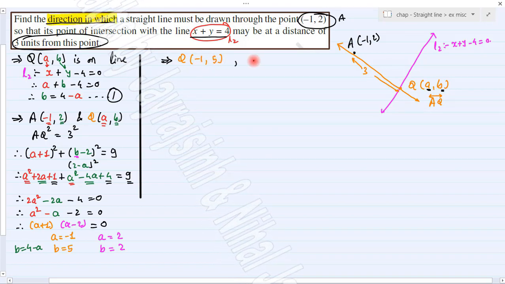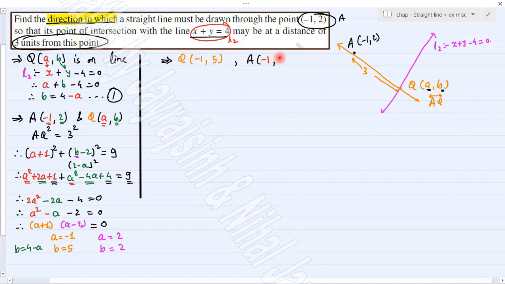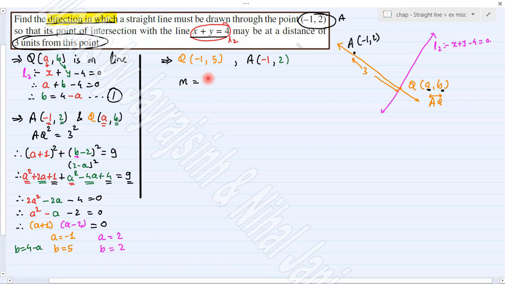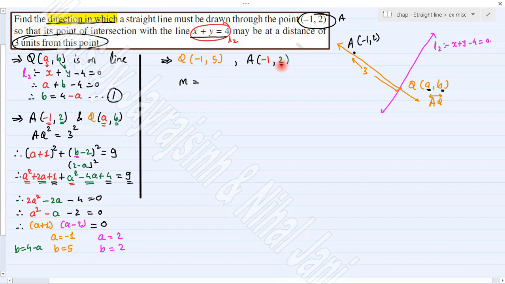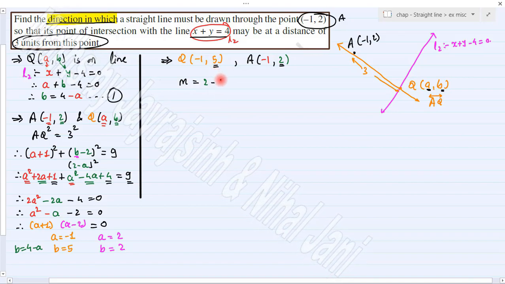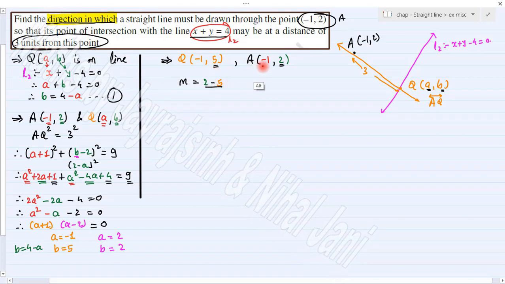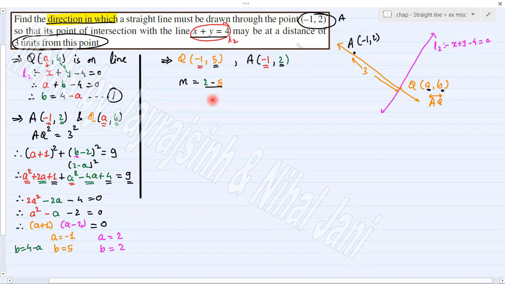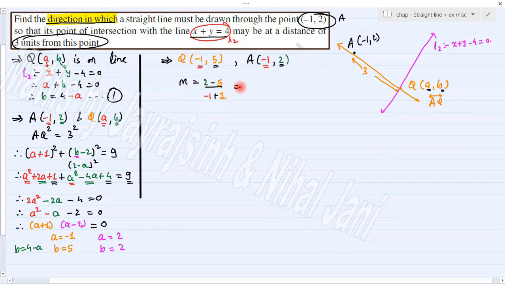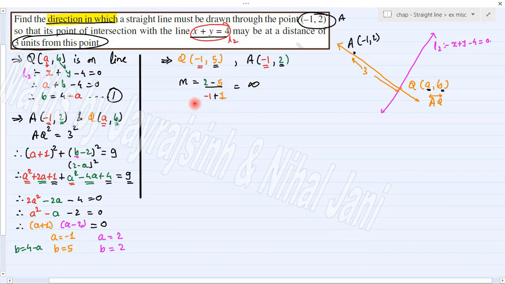Let's find out direction of AQ. That means we have to find the slope of AQ by taking difference of y, which is 2 minus 5, upon difference of x, which is minus 1 plus 1, or we can say your slope is infinity.